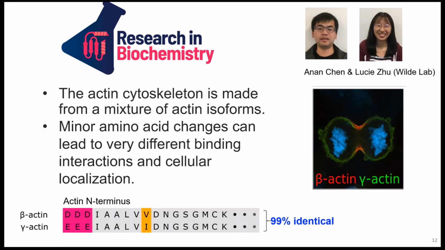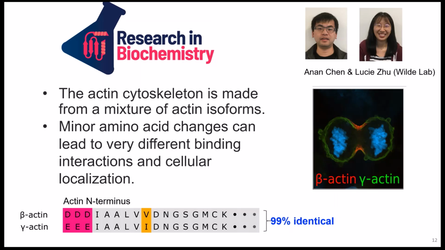Here we're showing the sequence for beta and gamma actin, and see that they are 99% identical with only minor changes in the stretch of acidic, negatively charged residues, aspartic acid and glutamic acid, as well as a valine substitution to an isoleucine. If you remember the structure of these amino acids, they are quite similar. It's really only a minor change in the size of the amino acid that has a huge effect on the proteins that they interact with.